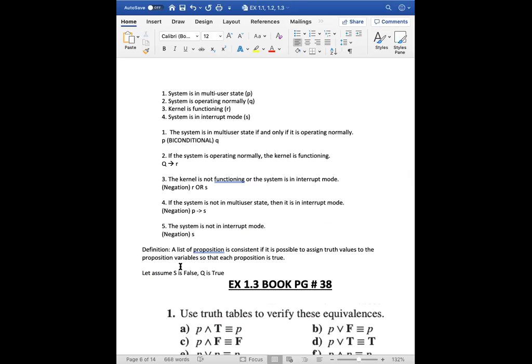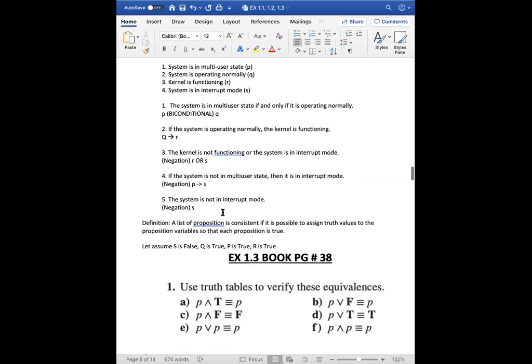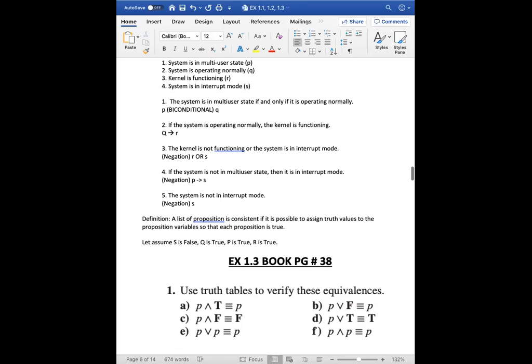If the system is not in interrupt mode, then the system is operating normally. Then P is true, the system is in multi-user state. So therefore R is true, the kernel is functioning. So it's consistent. Got it.